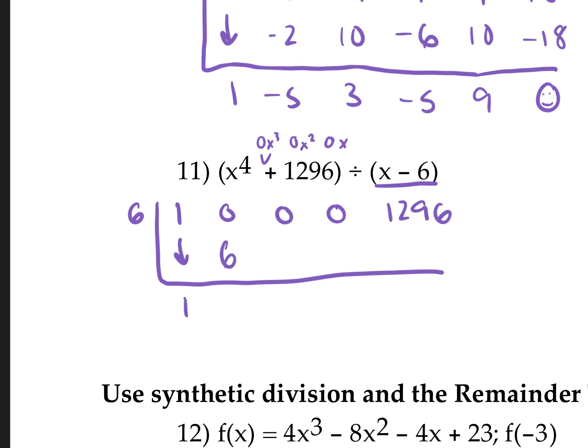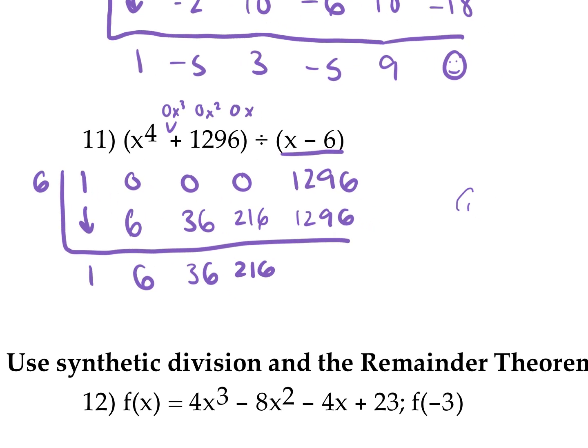Drop down the 1. Multiply, add, multiply, add. Multiply, we get 216. Add, 216, multiply, 1,296. Add, and we get something that is not 0. So here, x minus 6 is not a factor.